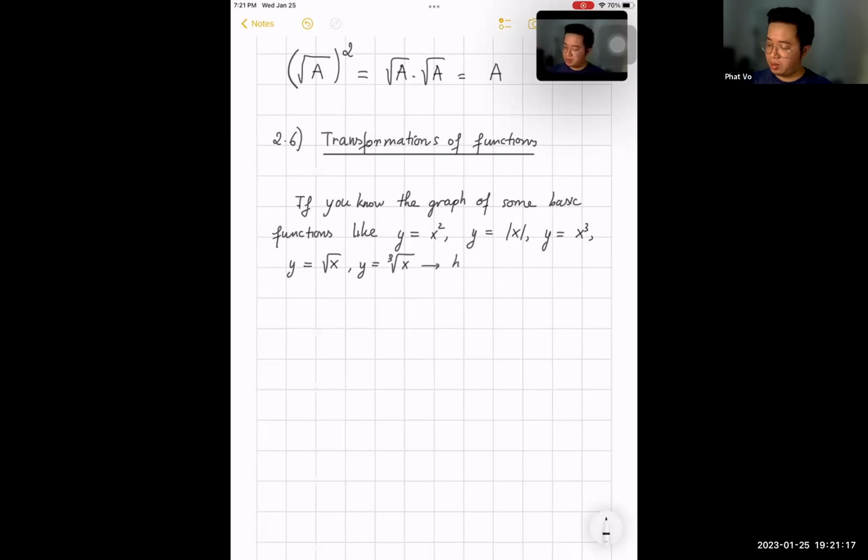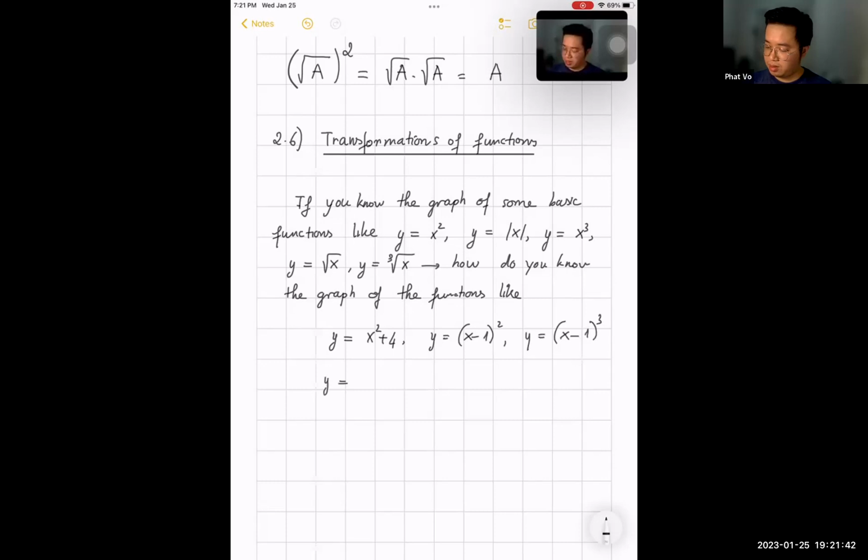How do you know the graph of a function like y is x squared plus 4, y is x minus 1 squared, y is x minus 3 cubed, y is square root of x minus 2 plus 1, something like this?